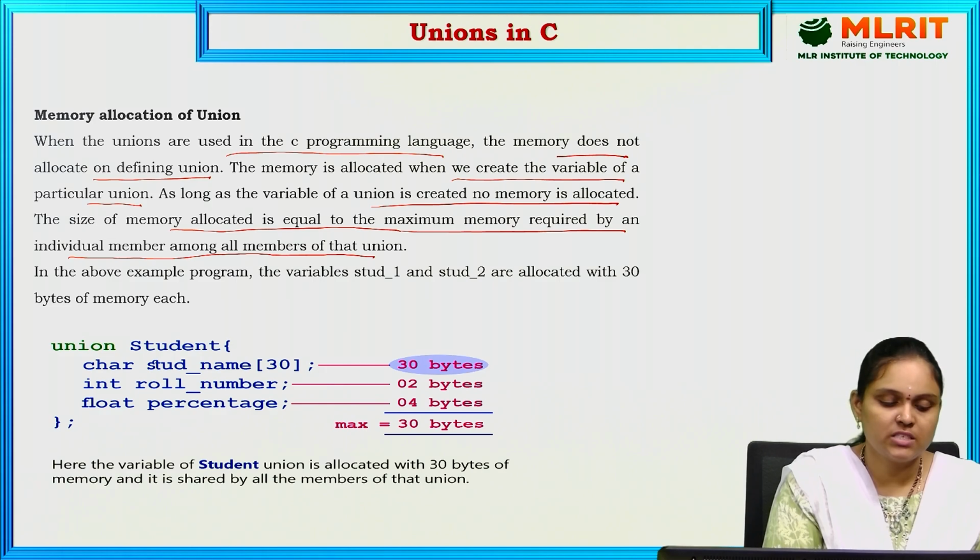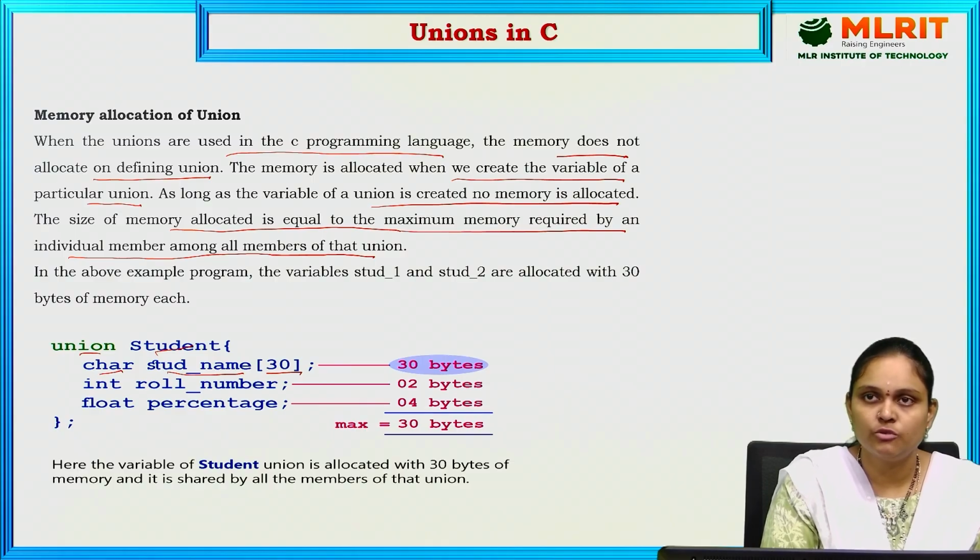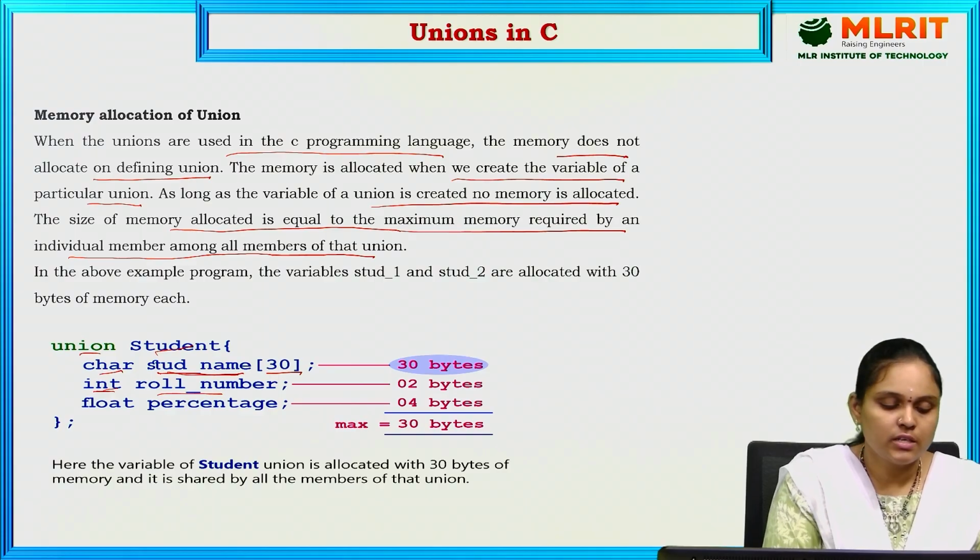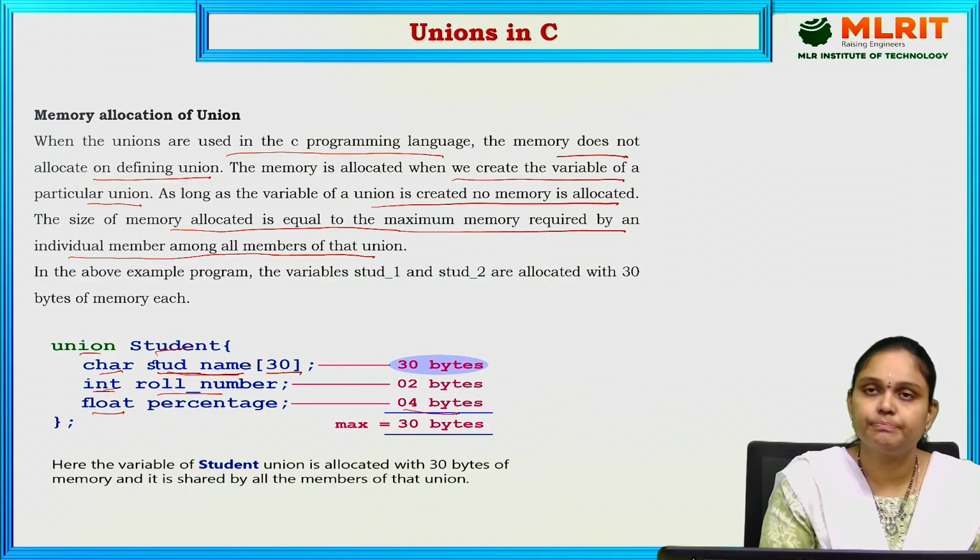Take the example of this union student. The char name has 30 bytes, which means 30 characters can hold the name. The size of int is 2 bytes if you are using a 16-bit compiler, and 4 bytes if you are using a 32-bit compiler. And for the percentage, the float data type has 4 bytes.